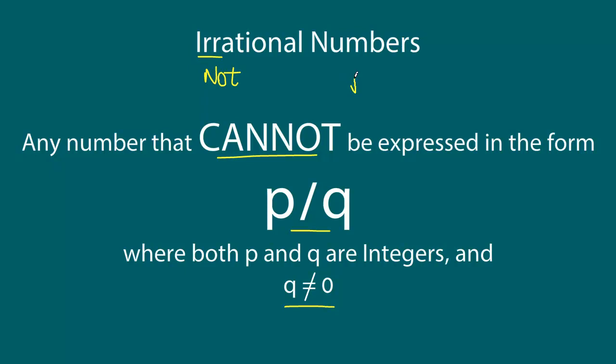Some examples: square root 2, square root 3, square root 11, square root 15, square root 21, and so forth. These numbers we cannot express in the form of p by q, where both p, q are integers, q not equal to 0. And we have seen there are infinitely many such numbers. These numbers are called irrational numbers.